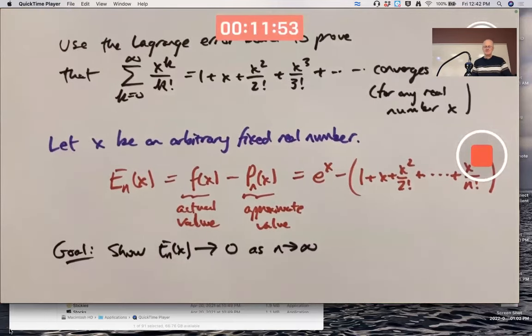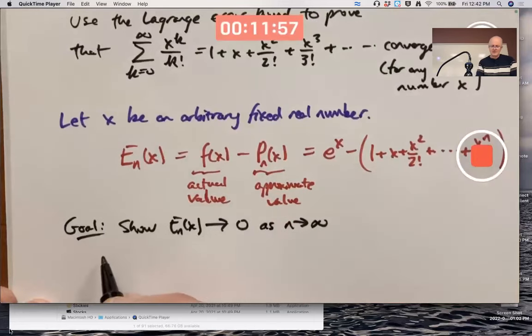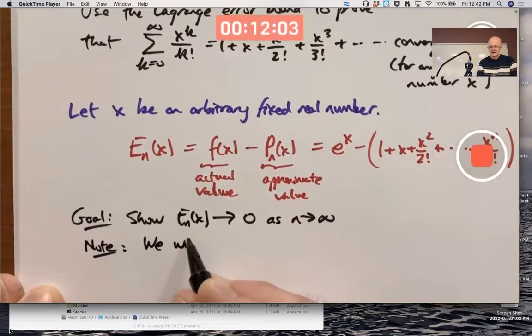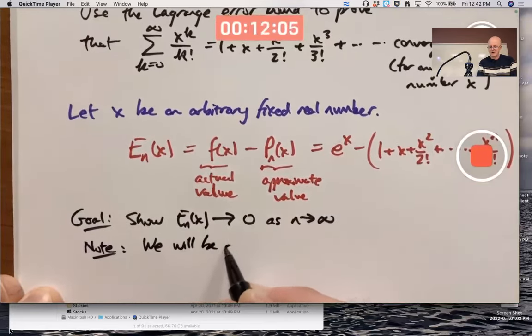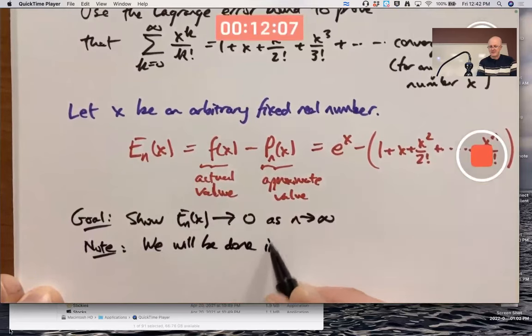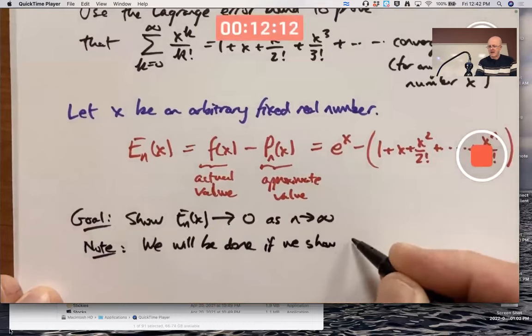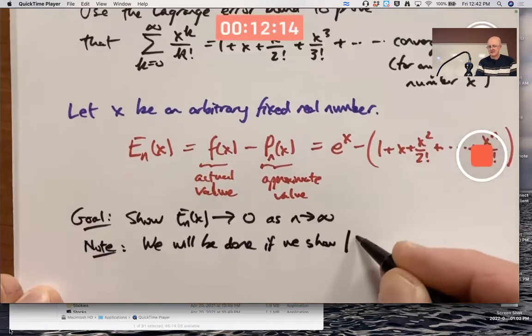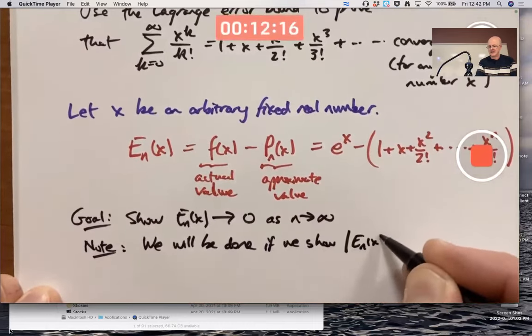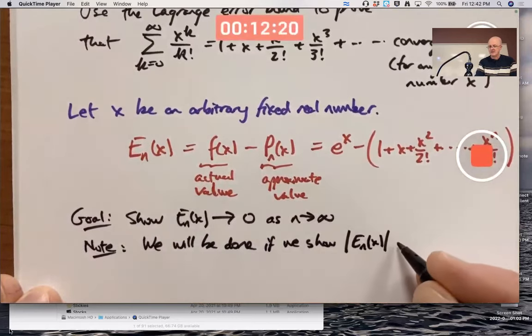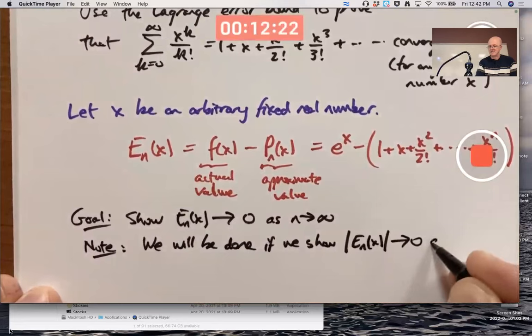So how do you do that? Note, we will be done in reaching our goal if we show that the absolute value of E sub n of x, which is an expression that shows up in the Lagrange error bound theorem, goes to 0 as n goes to infinity.